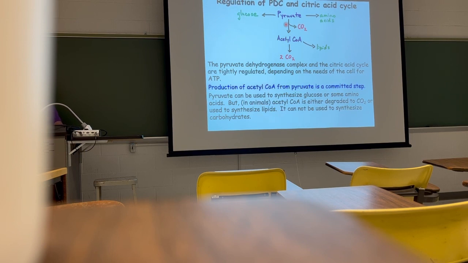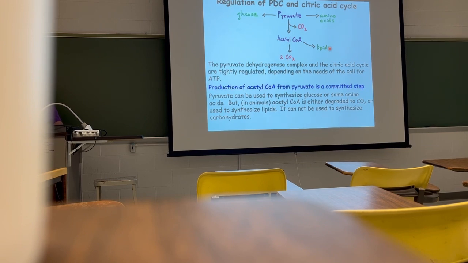If it needs energy, then pyruvate dehydrogenase is going to decarboxylate it to make acetyl-CoA to go through the citric acid cycle. If you've got enough energy, then that acetyl-CoA can also be funneled off and used to make fatty acids, to make lipids to store.